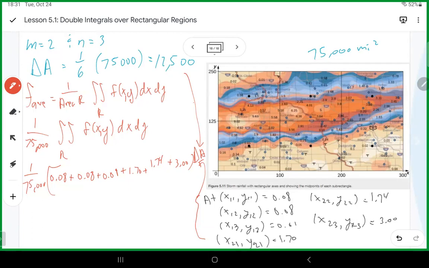If we take the 12,500 divided by the 75,000, you're going to end up with 1 over 6.